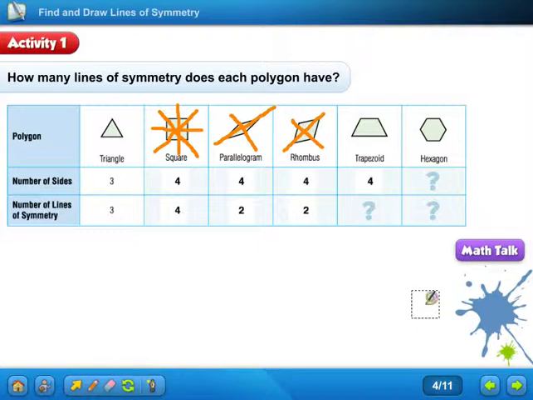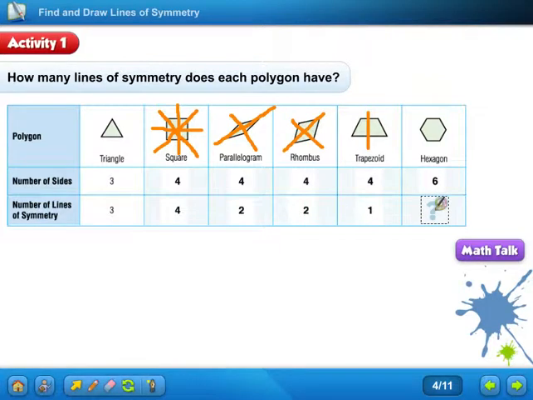How many number of lines of symmetry are there? There is 1. If you fold it this way, that will not match up. So you can't fold it that way. You have to fold it straight in half, like that, on that vertical angle.